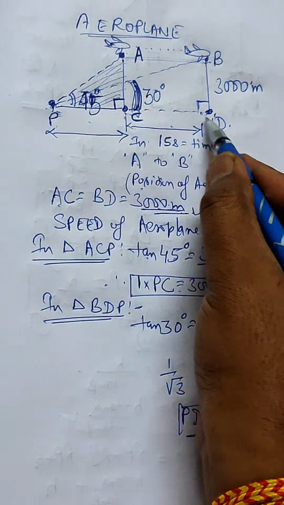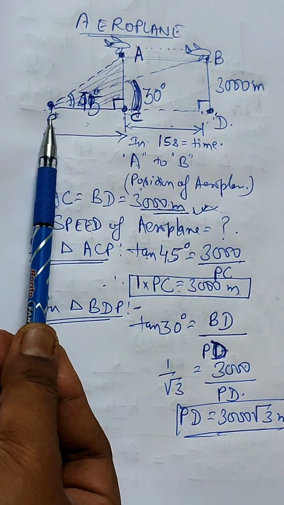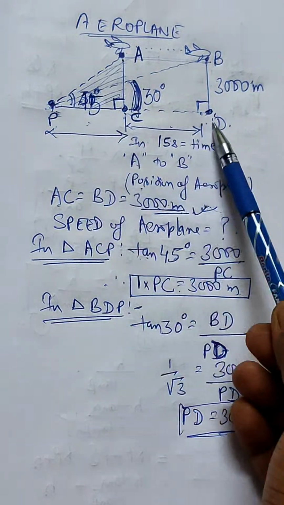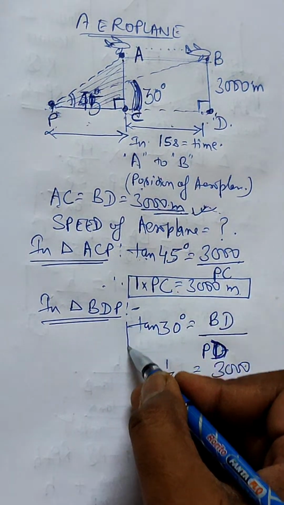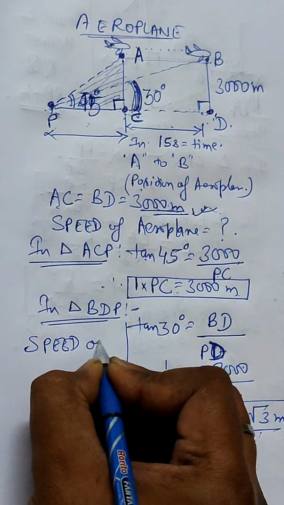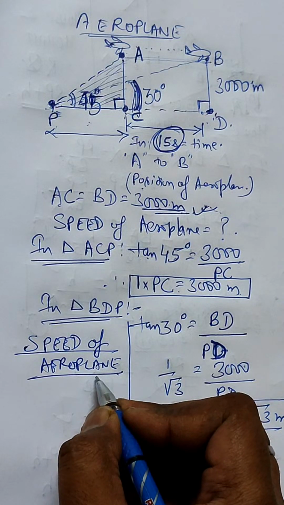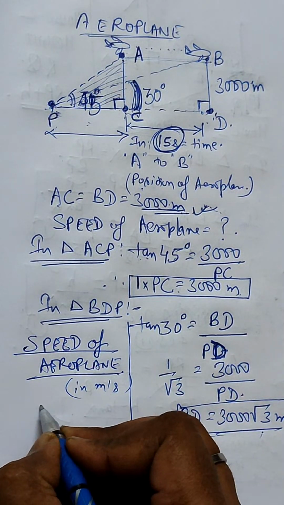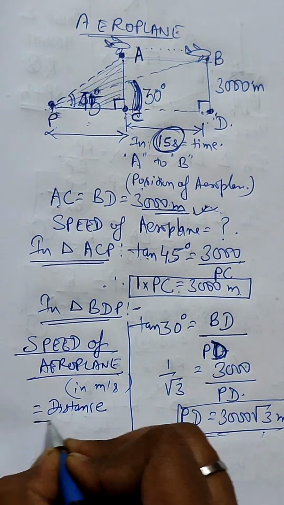This distance P to D, that means from the point of monitoring to the final position of the aeroplane on the ground, this is PD, and this length is calculated as this much. Now we need to find the speed. So for the speed of aeroplane, we are calculating it, let's say in meter per second, the distance covered by time taken.